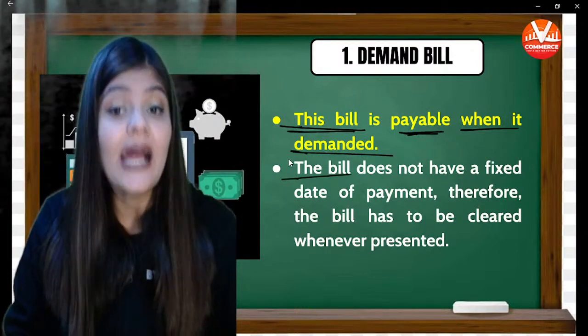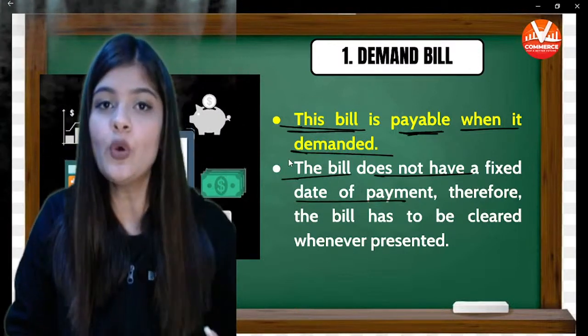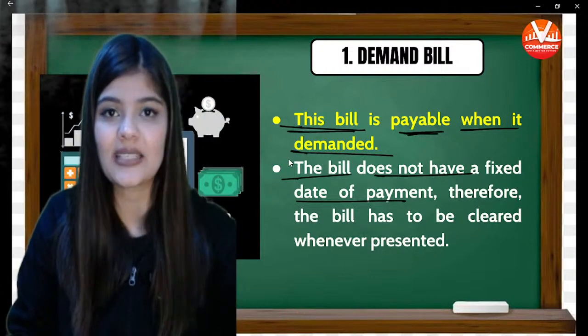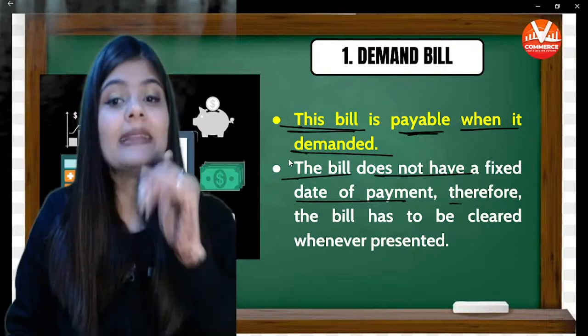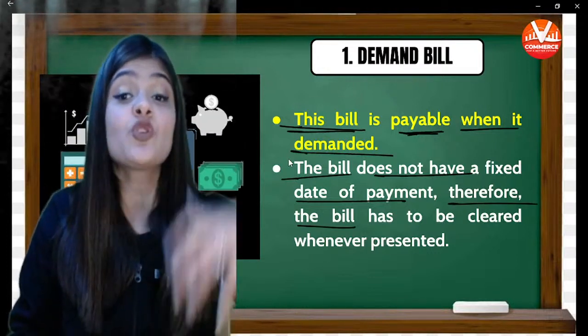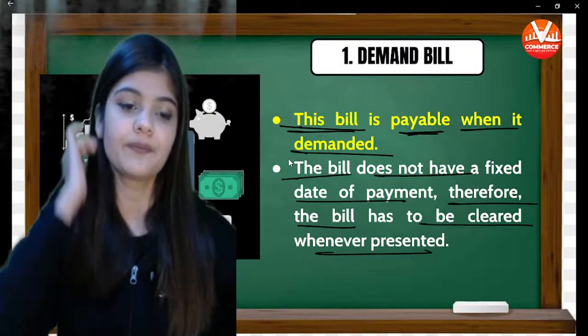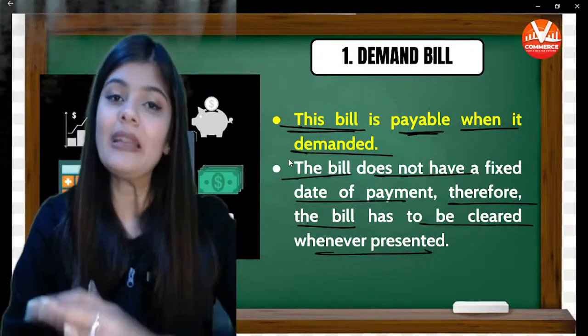And the bill does not have a fixed date of payment. As I told you, 2 months, 3 months, it will not be there in this case. So the bill does not have a specific date of payment. Therefore, the bill has to be cleared whenever presented. तो जब भी ड्रॉर इसको प्रेजेंट करेगा आपको पेमेंट करनी पड़ेगी.